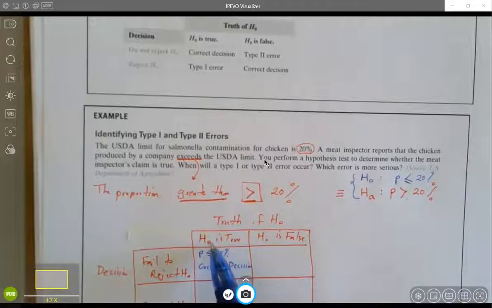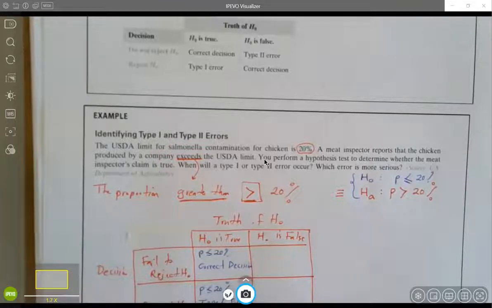But what if the level of contamination is less than or equal to 20%, but you rejected the null hypothesis? It means that we made a mistake. There is an error, and this is type 1 error.